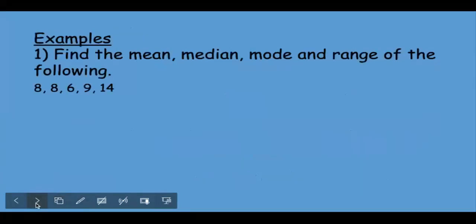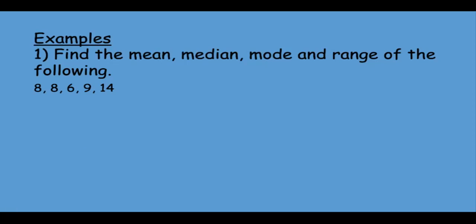Okay, so side heading examples. Let's have a look at how we do these. So our mean, what we're going to do is add those numbers up. So we're going to get our calculator out. Got 8 plus 8 plus 6 plus 9 plus 14 is 45.